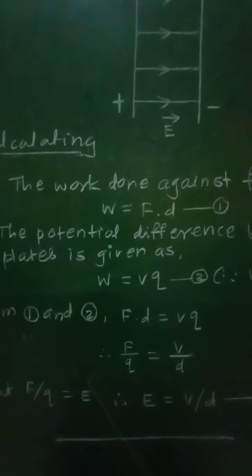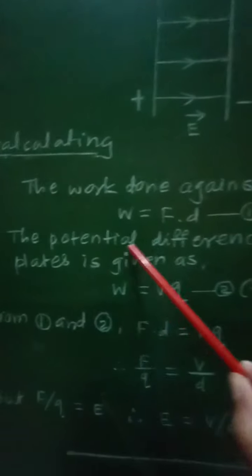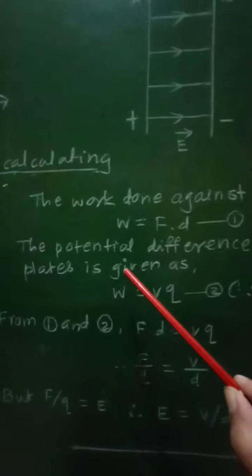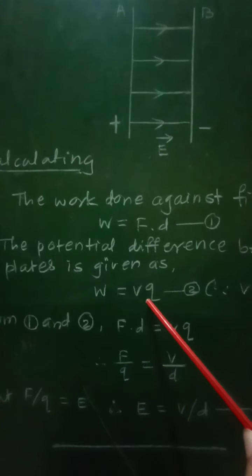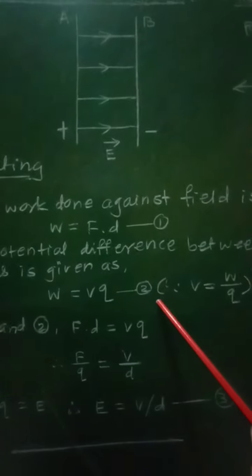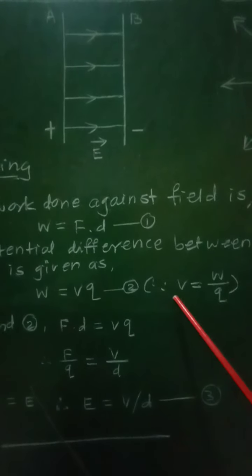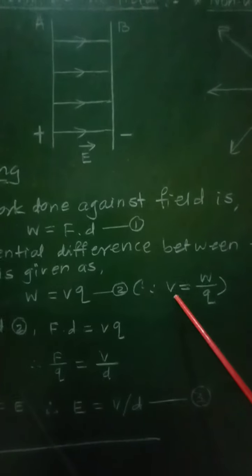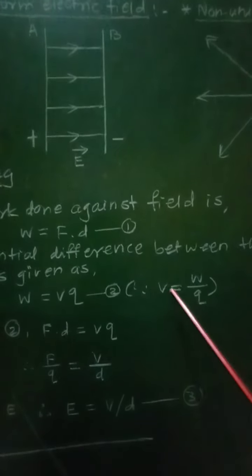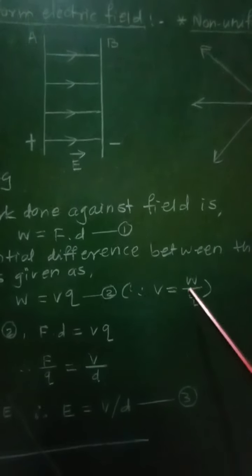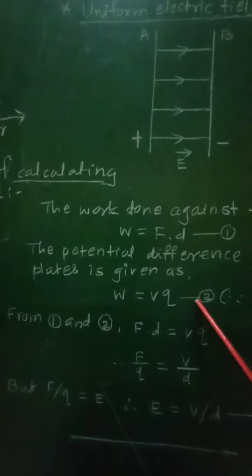Now the potential difference phi between the two plates will be given as W is equal to phi Q, equation number 2, since according to the definition of electric potential, phi equals work done per unit charge. So as phi is equal to W by Q, we have written W is equal to phi Q, equation number 2.